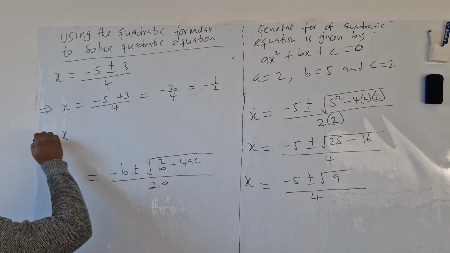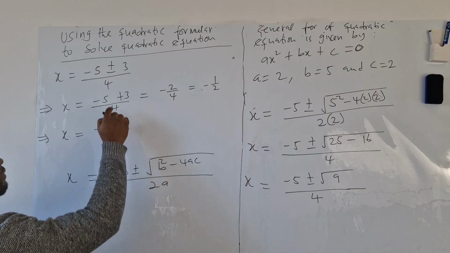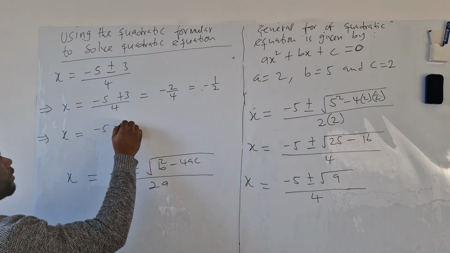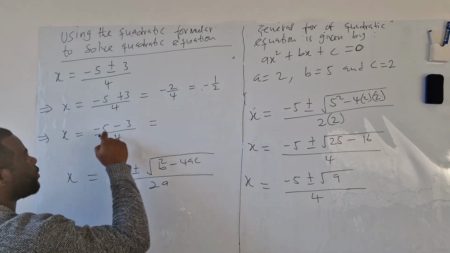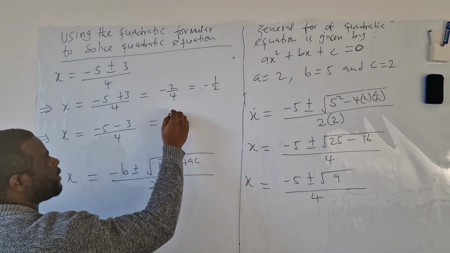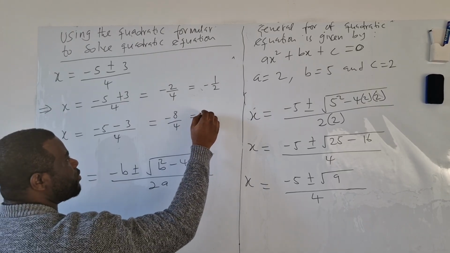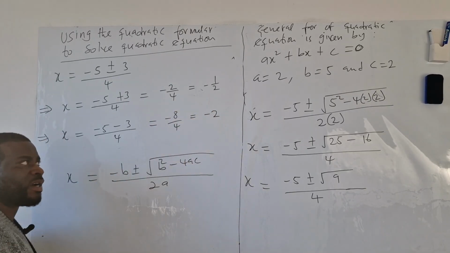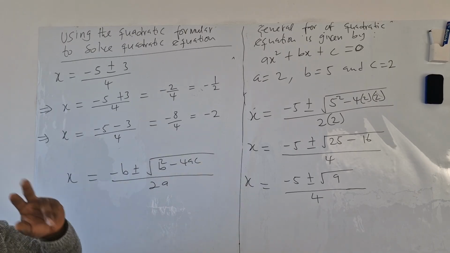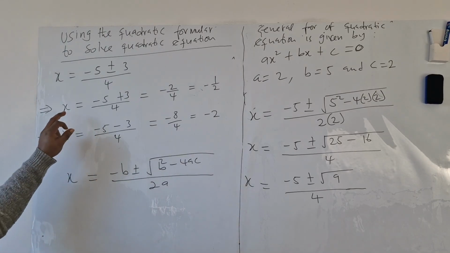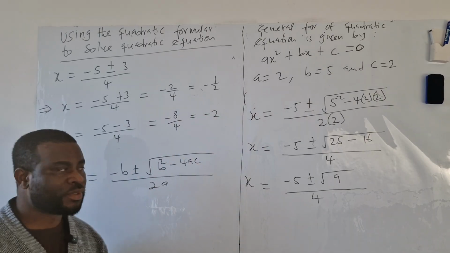Taking the minus, we have minus 5 minus 3 on 4, which is minus 8 on 4, and this is equal to minus 2. Minus 8 divided by 4 is minus 2. So these are our two values of x: x equal to minus half, x equal to minus 2.